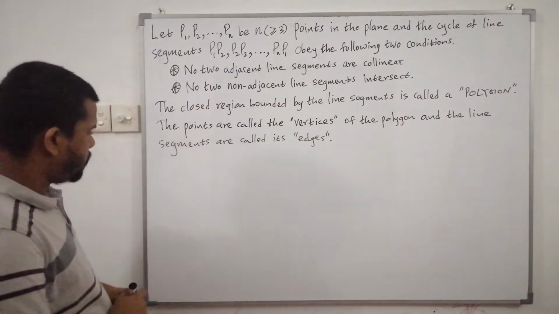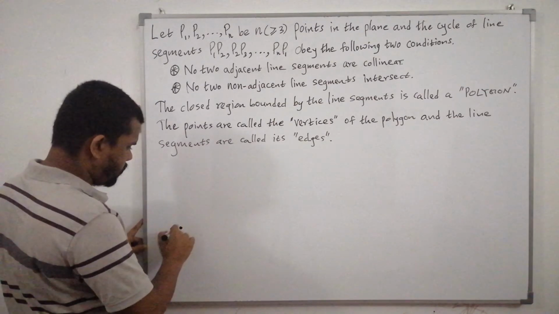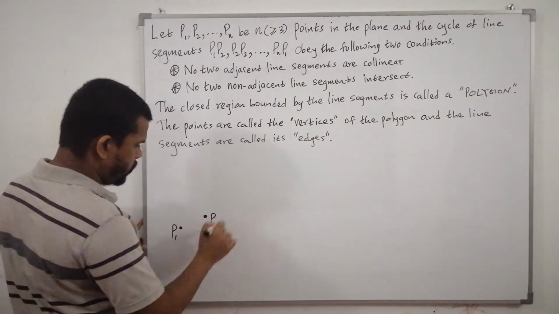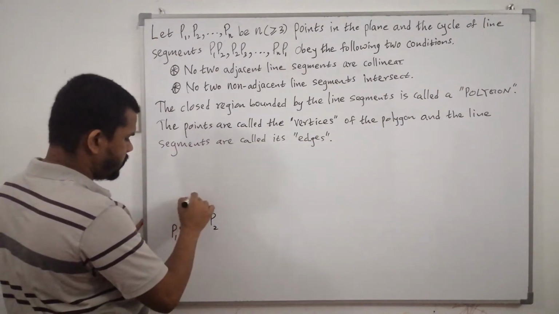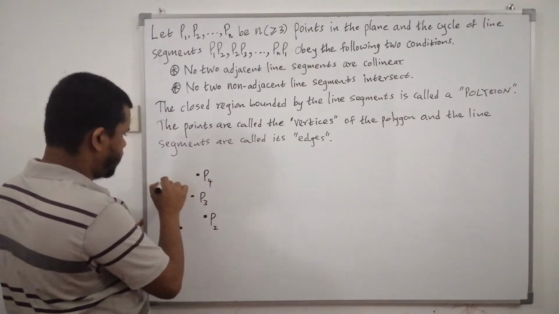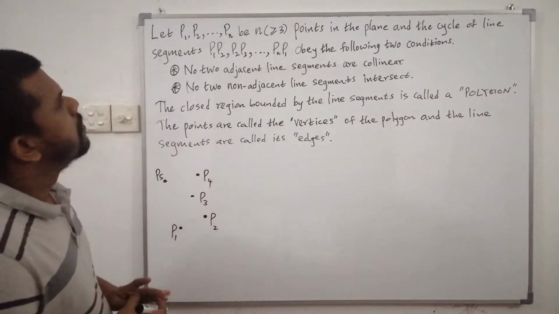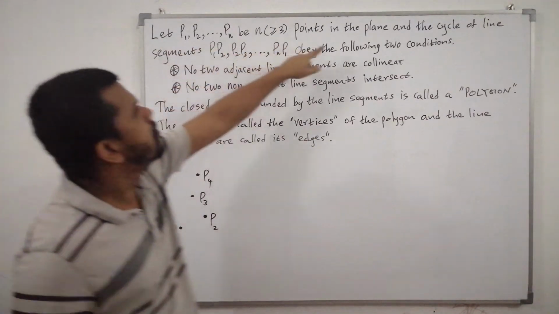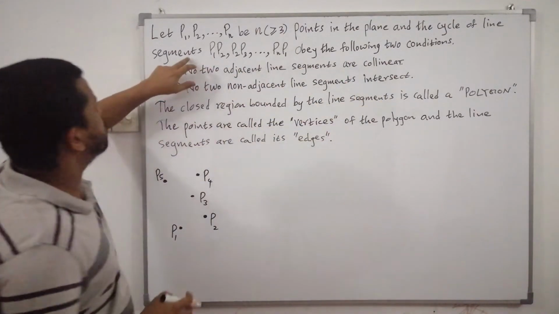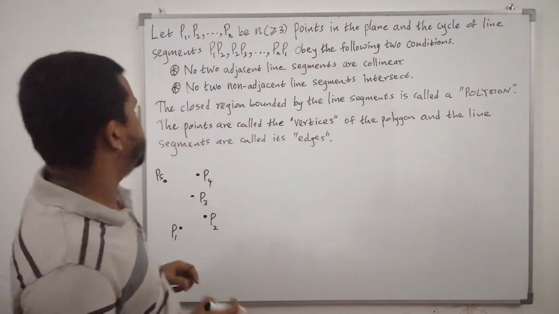So, for an example, let's use these points P1, P2, P3, P4 and P5. And the cycle of line segments P1P2, P2P3 up to PnP1.